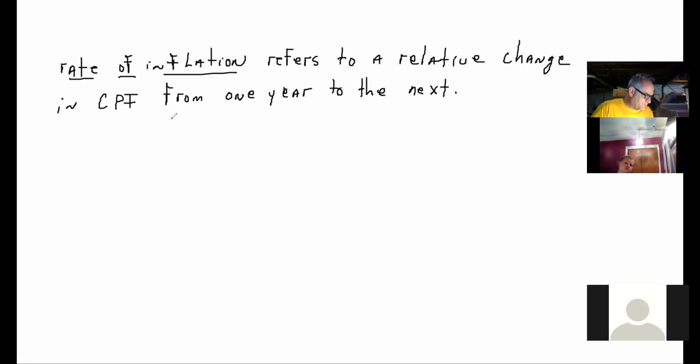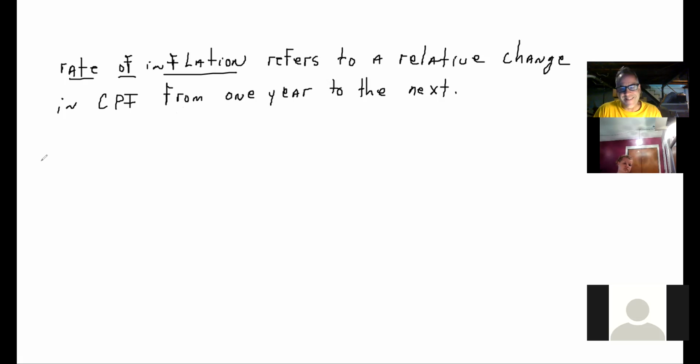All right, so remember we're looking at a relative change, that's a percentage. This is a calculation which we have done in other settings, but the calculation will be the same.